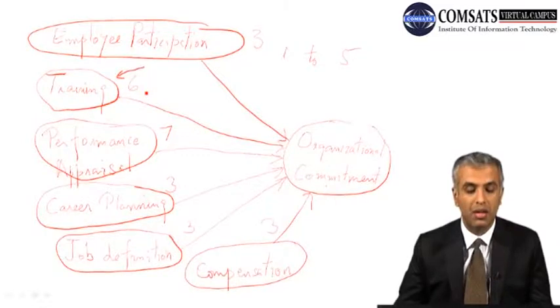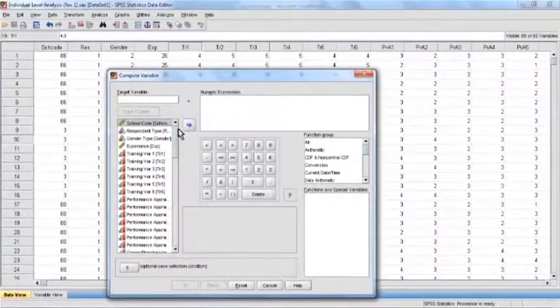go to the SPSS screen, and take the average or the mean of all the 6 questions here, as you can see on the screen. Let's say we want to know on average what was the score of the training variable in the case of the first respondent.